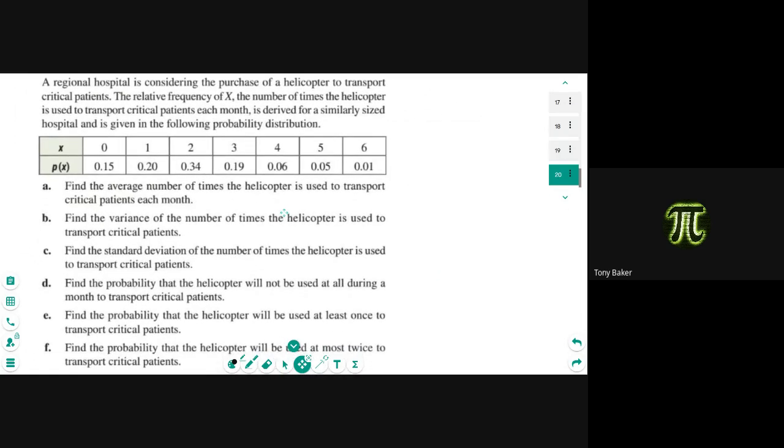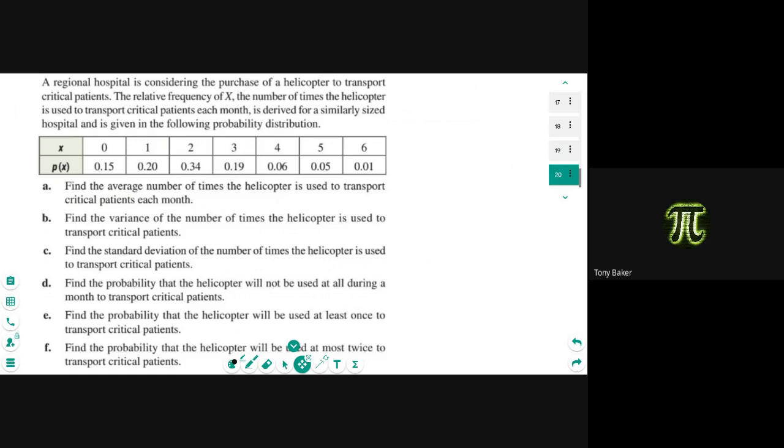Is this a valid probability distribution? Yes. Why? Okay. It adds up to one.